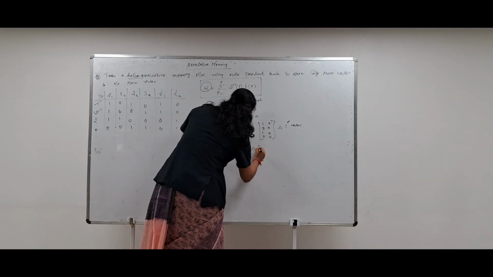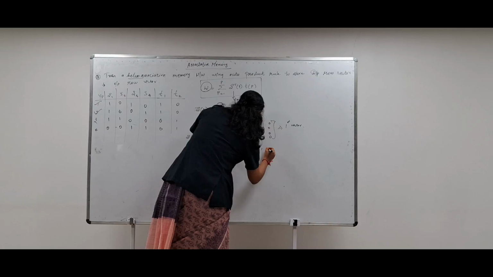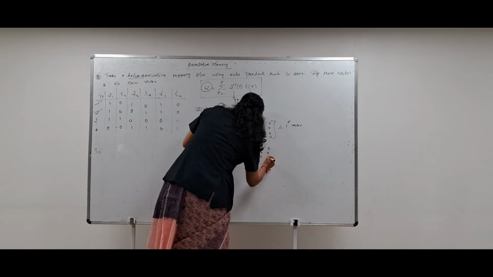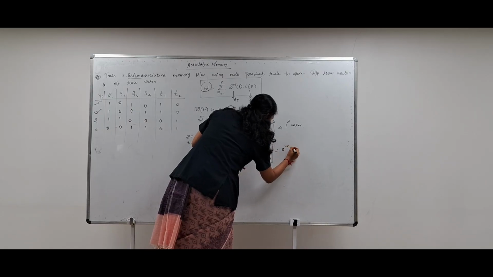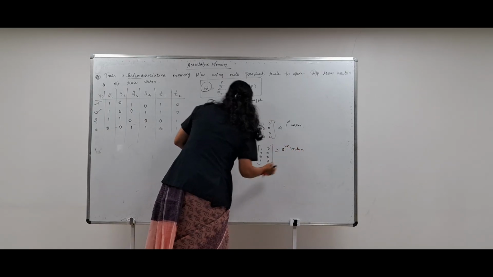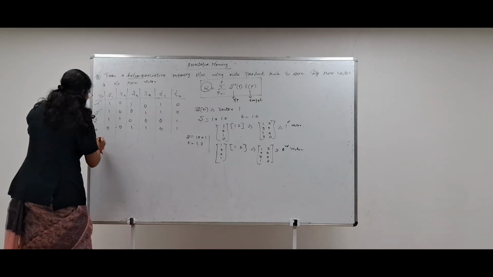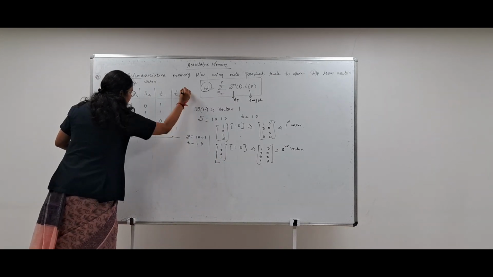So 1 into 1 is 1, 1 into 0 is 0, 0 into 1 is 0, 0 into 0 is 0, 0 into 1 is 0, 0 into 0 is 0, 1 into 1 is 1, 1 into 0 is 0. So this is for the second vector. The same way, now we are going to calculate for the third one.